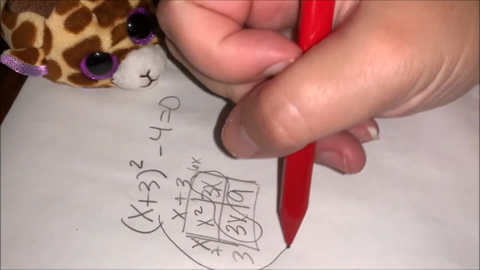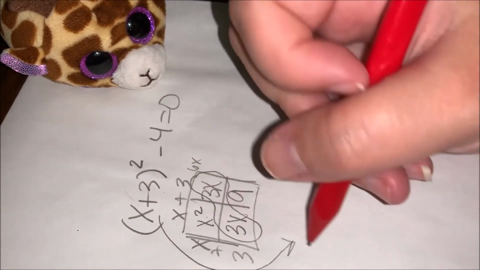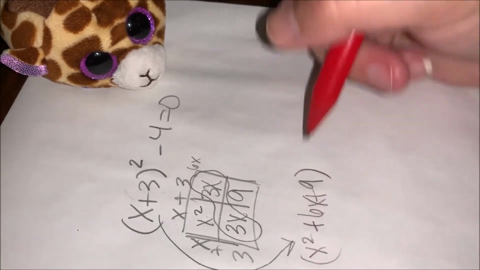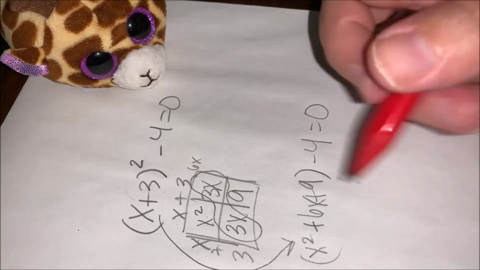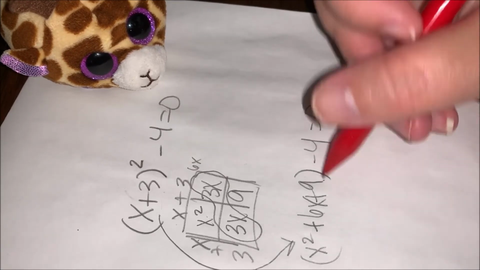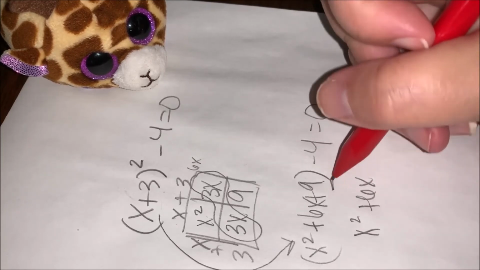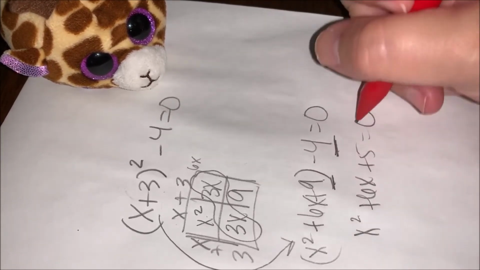So I'm going to rewrite this x plus 3 squared down here. I have x squared plus 6x plus 9 minus 4 equals 0. So I have my 9 and my 4. So x squared plus 6x and a positive 9 minus 4 gives me 5 equals 0.